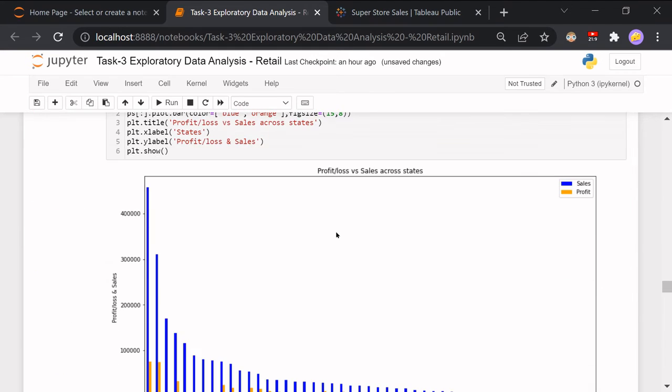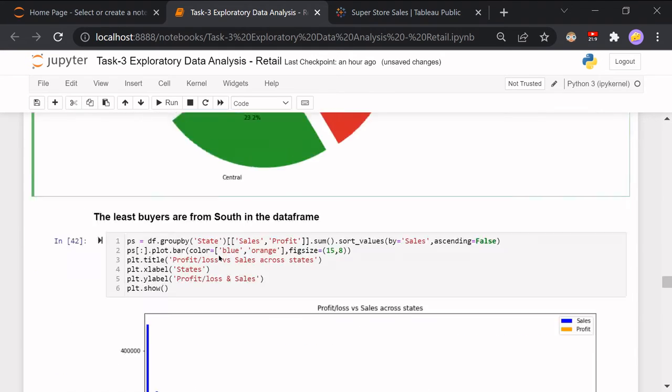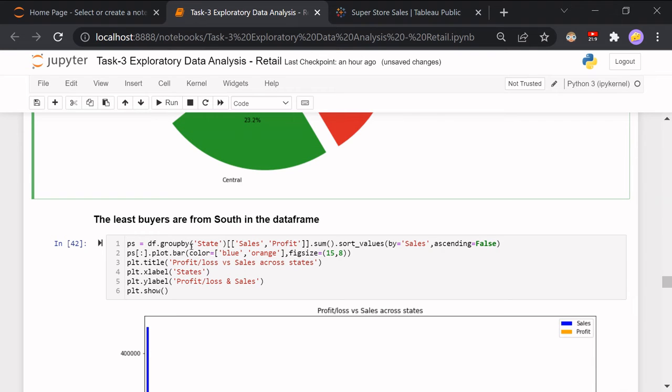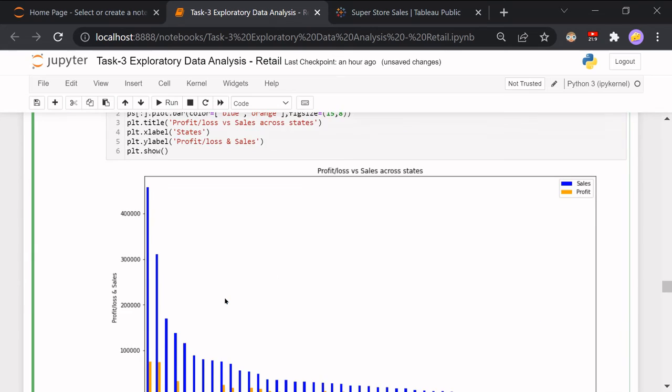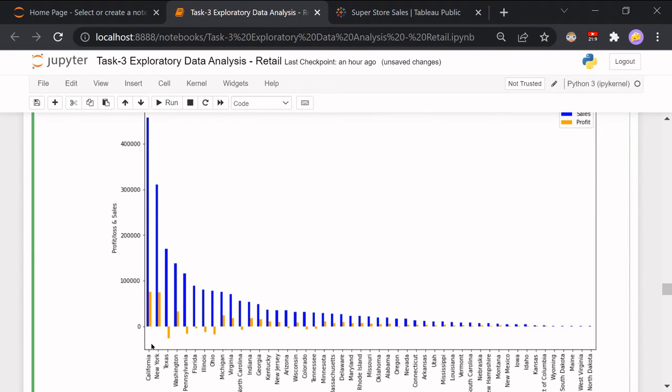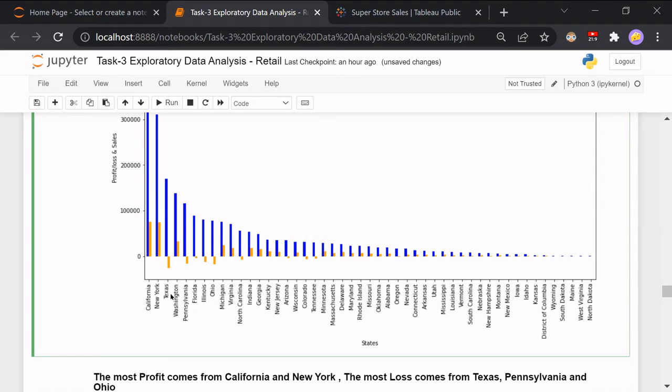In the next data set, what I have done is I am grouping by states, and I am checking the sales with profits. As you can see, in California the sales are high and profit is also quite huge. But in the case of Texas, the sales are high, but we are in loss.